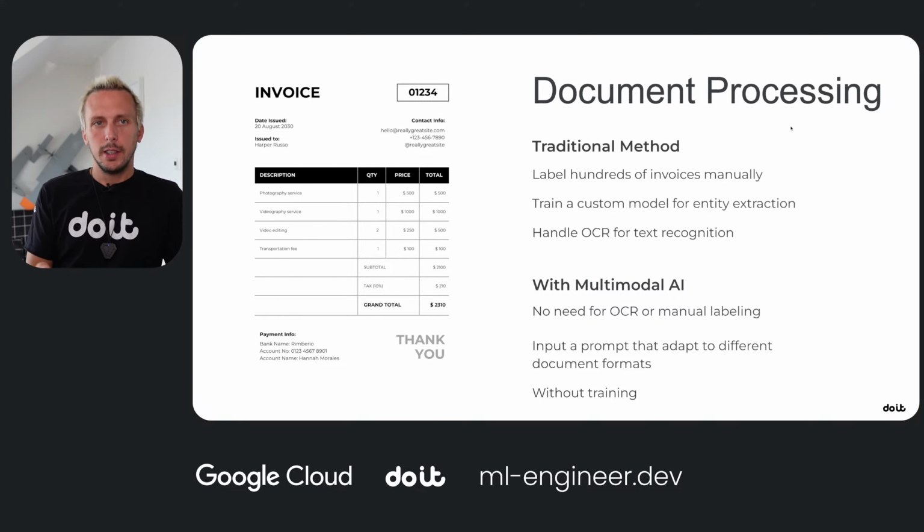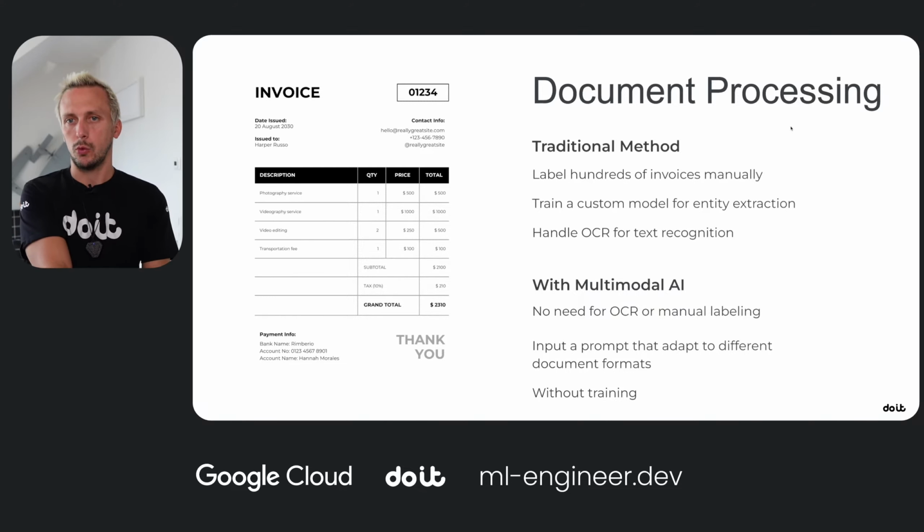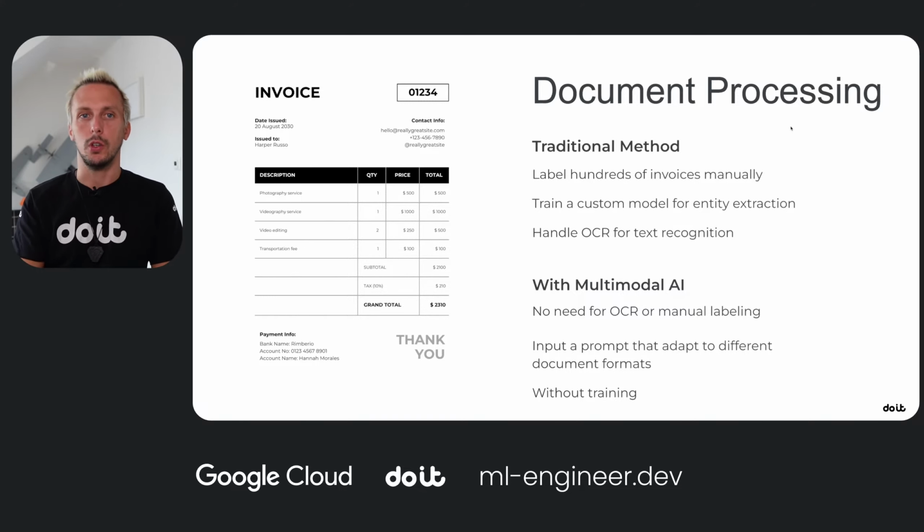And now with multimodal capabilities, which we have had for the last 2 years, since the rise of generative AI, we no longer need to manually label any type of data. We can now simply write a prompt and define our desired output, and the model understands how to extract this information from, for example, an invoice. And it adapts to new documents within seconds, as I said. So enough talking, let's head over to the code.